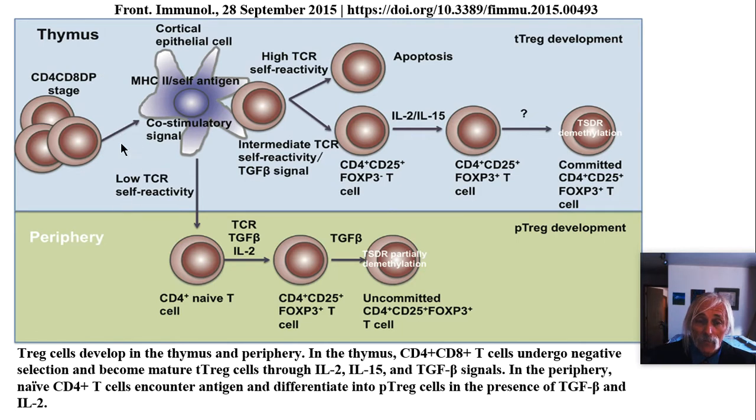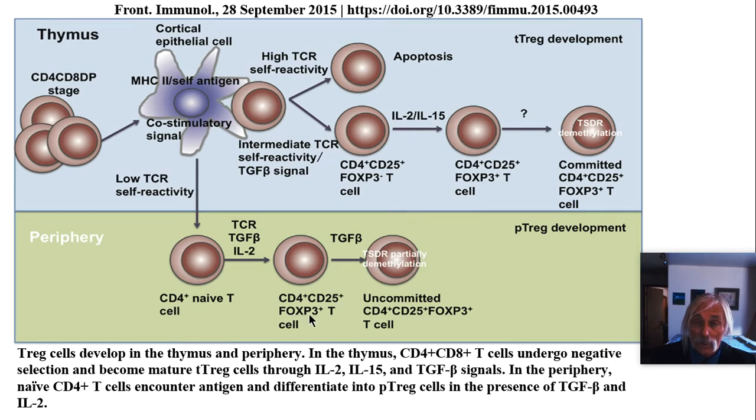At any rate, when that happens, you have low T cell receptor self-reactivity. You make a CD4 plus naive T cell, in the presence of now the expression of the T cell receptor, TGF beta, interleukin 2. You make a CD4 positive, CD25 positive. Those are called co-positive CD4, CD25, right?